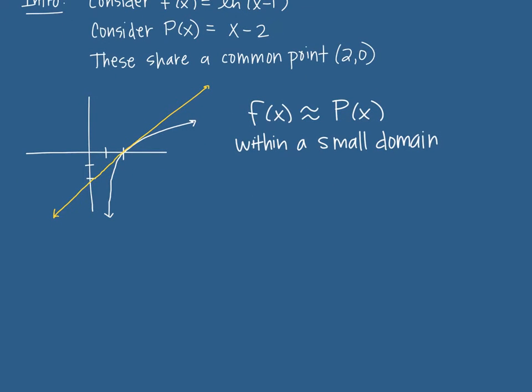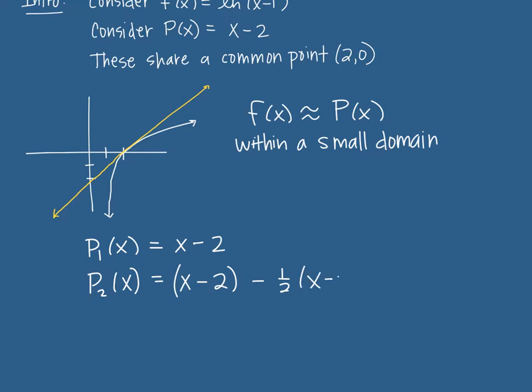So if P1 of x was x minus 2 that we just did, P2 would be a parabola. That parabola will match the slope and the concavity for a little bit, and the parabola is x minus 2 minus half of x minus 2 squared. I'll tell you how I came up with that in just a minute.